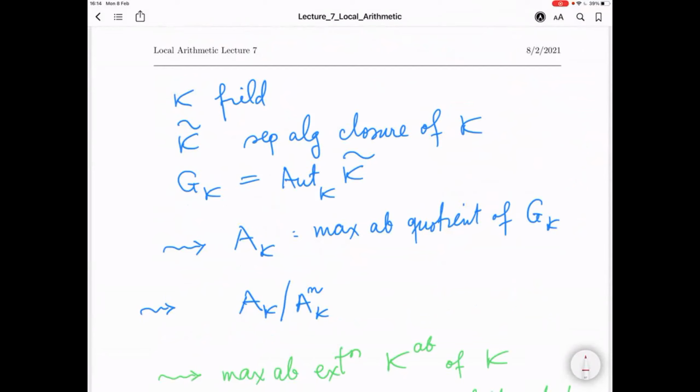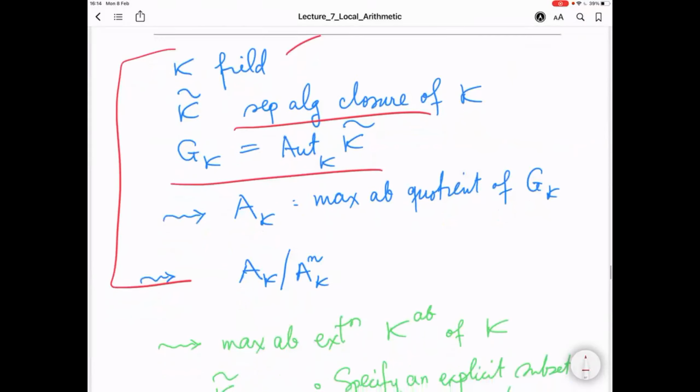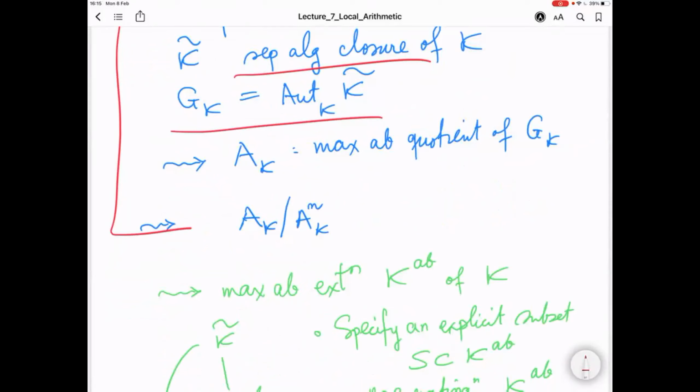Okay, so this is a summary of what we have done. You have a field K, you have its separable algebraic closure K tilde, you have the absolute Galois group, which is the group of all K automorphisms of K tilde. And if you are not able to understand all of this group, then you look at its maximal abelian quotient.